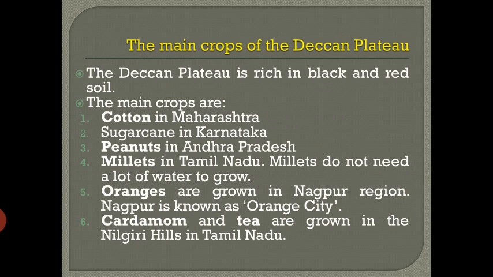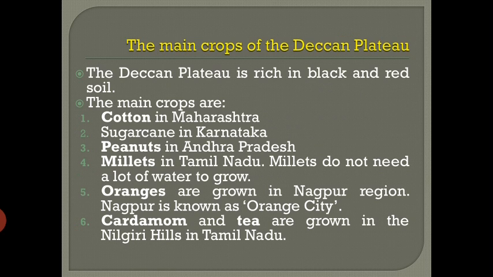The main crops of the Deccan Plateau. The Deccan Plateau is rich in black and red soil. The main crops are cotton in Maharashtra, sugarcane in Karnataka, peanuts in Andhra Pradesh, and millets in Tamil Nadu.